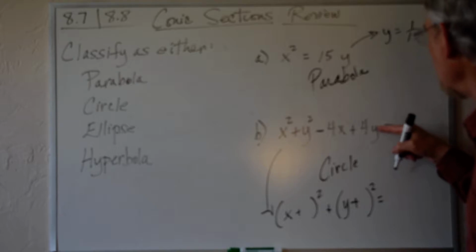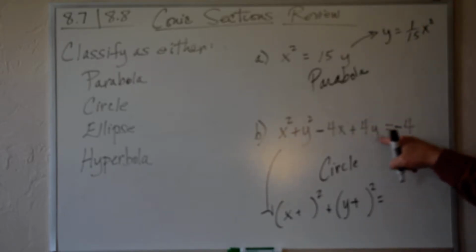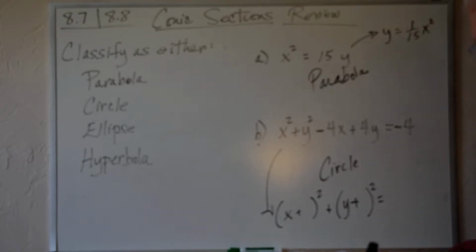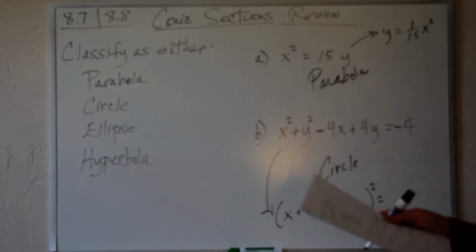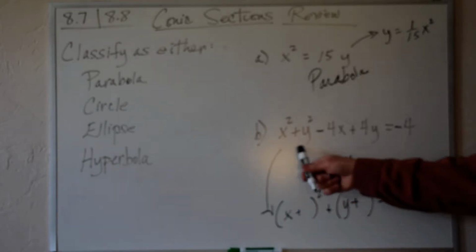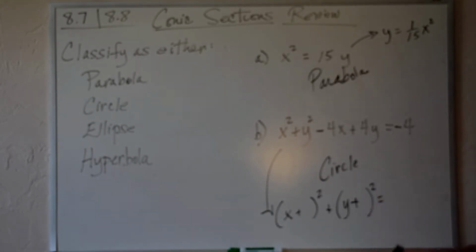So you will end up having to add a number here, and of course then to the other side, and it will work out that you have a positive number on this side, or else it's not a valid equation of a circle. So bottom line, in this form you might see a negative number here, and that doesn't tell you right off that there's anything illegal about it.